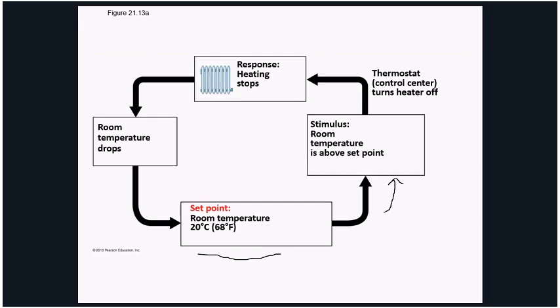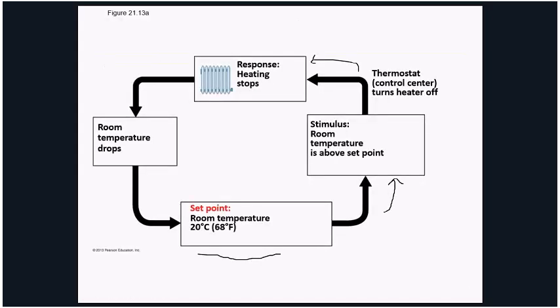As it gets too warm, the thermostat or your control center is going to stop the heat. So then the temperature goes down. Your heater is actually producing the heat, but once it produces too much, it's just going to stop. So the result of it is heat, but that same result is actually going to stop it. So that's negative feedback.